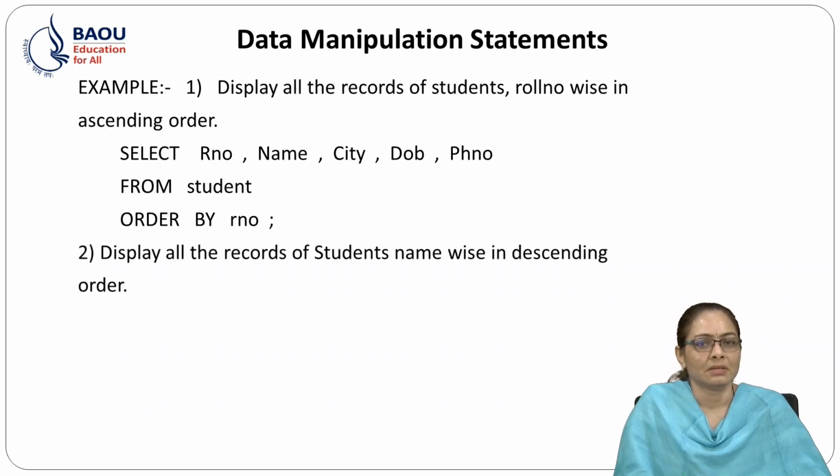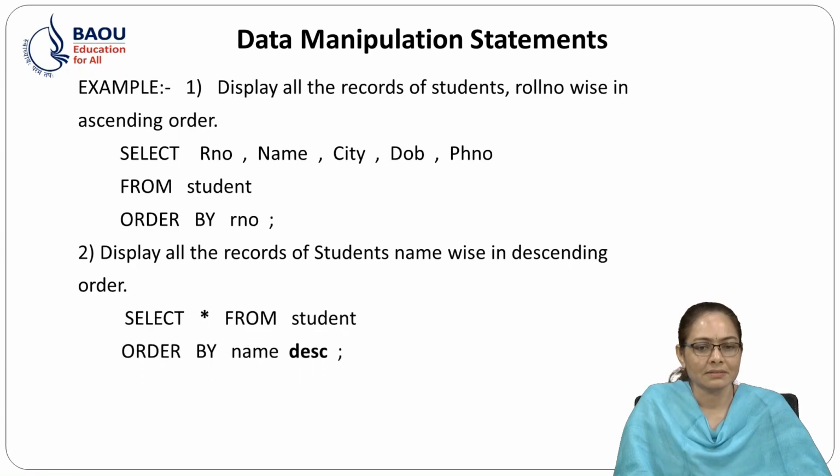Now, the second is to display all the records of the students name wise in descending order. So the command is select star from student. This statement is used to display the records of the student. But which wise? Name wise. So order by name.